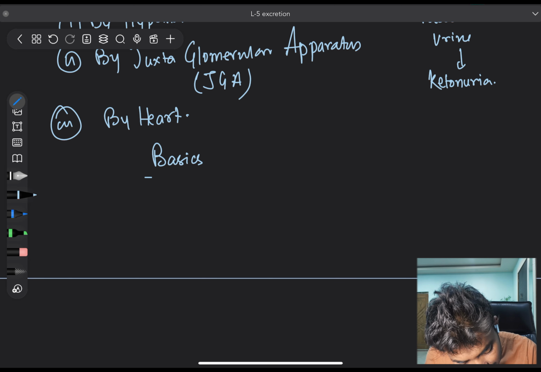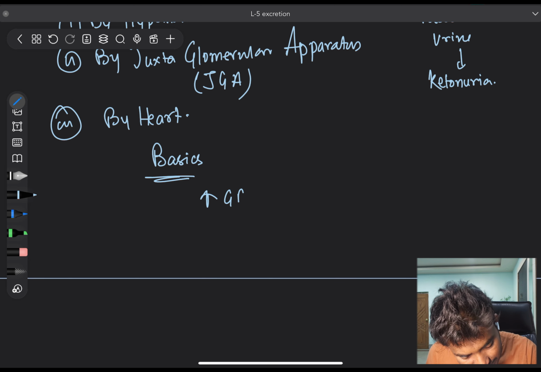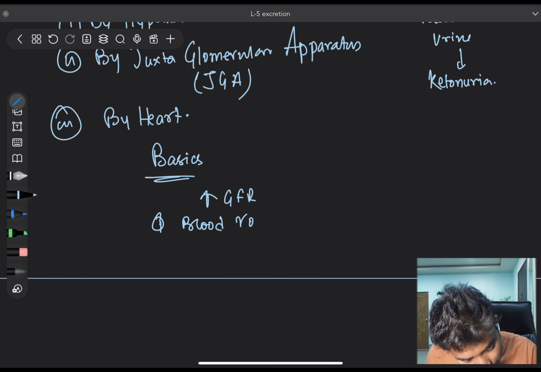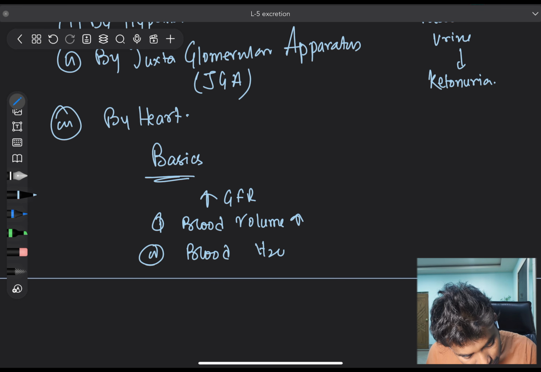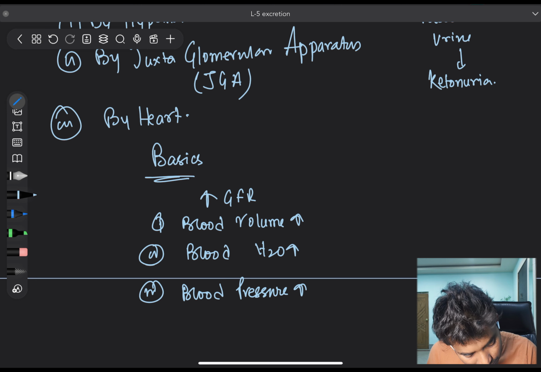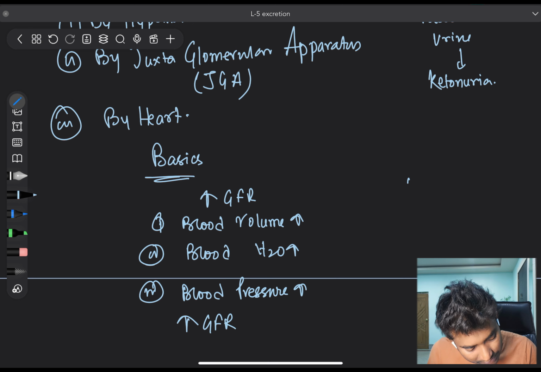Okay. In the basics, I'll write the basics. If the GFR is increased, what happens? Blood volume increases, blood H2O increases, blood pressure increases, ultimately leading to GFR increment.